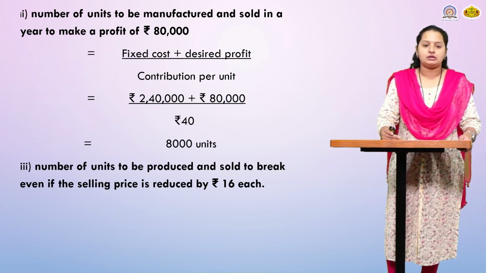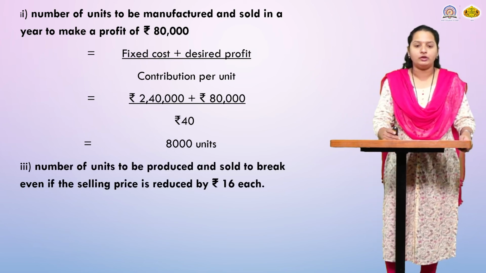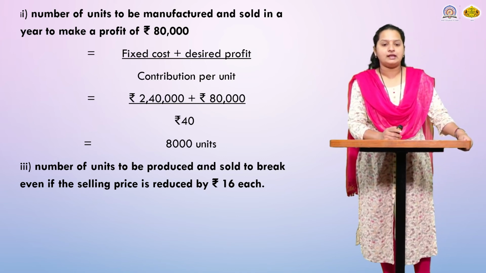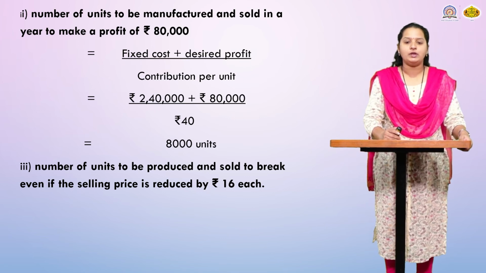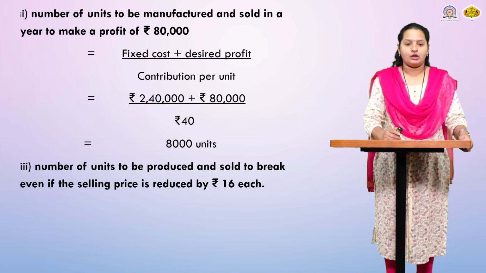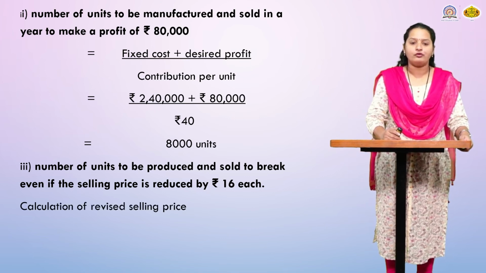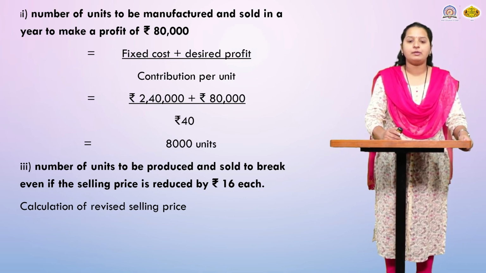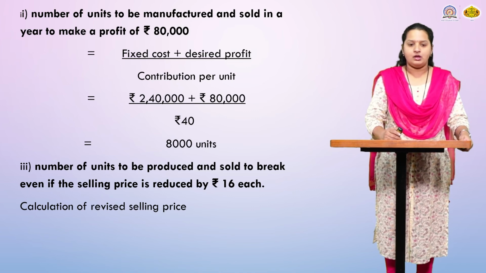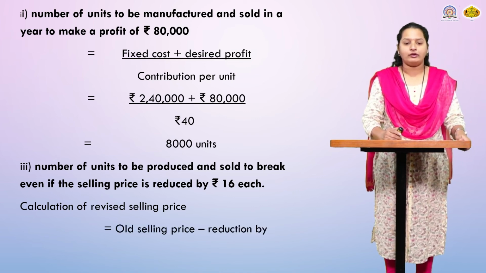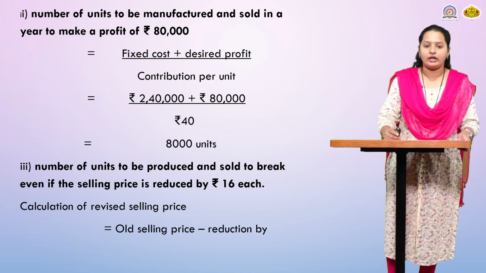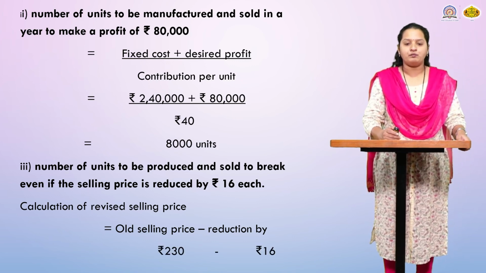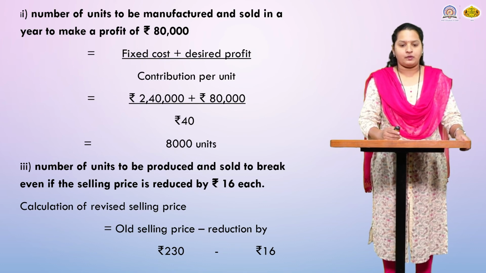Thereafter the next: number of units to be produced and sold to break even if the selling price is reduced by rupees 16 each. Now again we have to calculate the revised selling price. How can we calculate it? Old selling price minus reduction of 16.